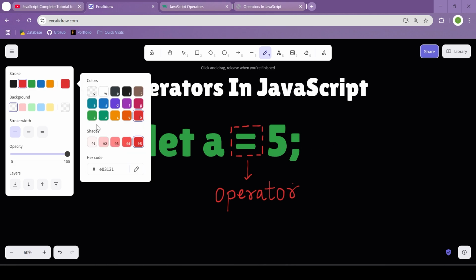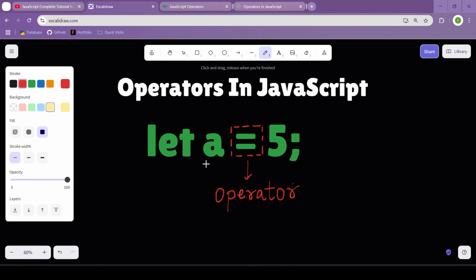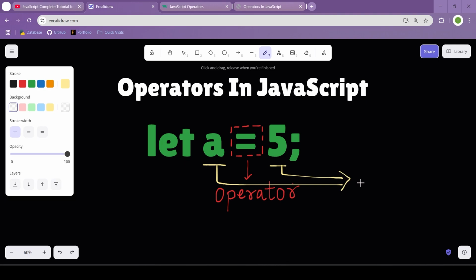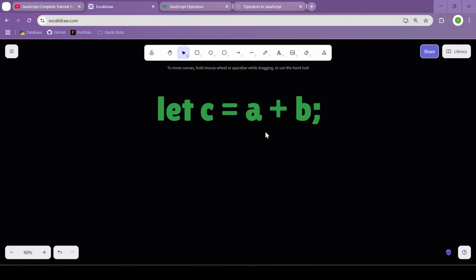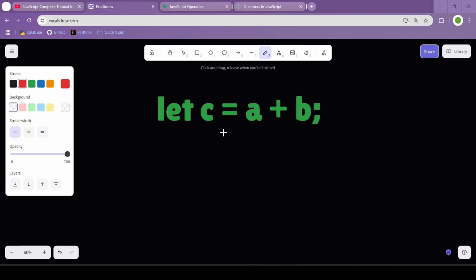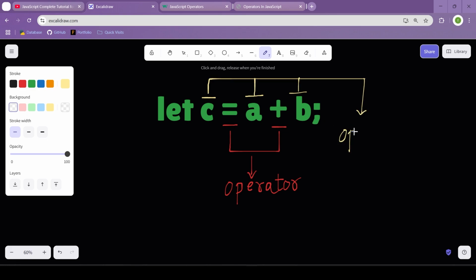Similarly, let's say we have let c is equal to a plus b. This time, your equal to symbol and this plus symbol, these two are your operators. Your c, a and b are simply operands.